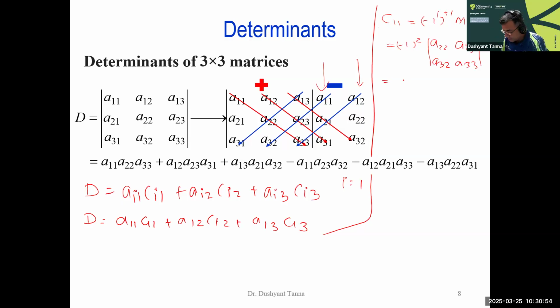So that will be A22 A33 minus A23 A32. This is C11.